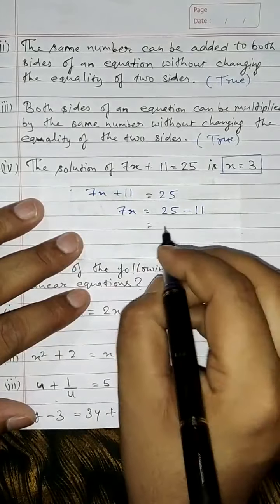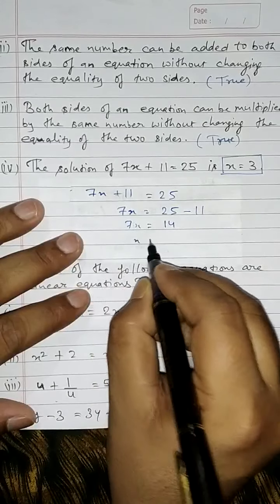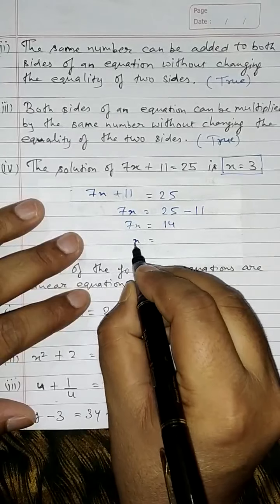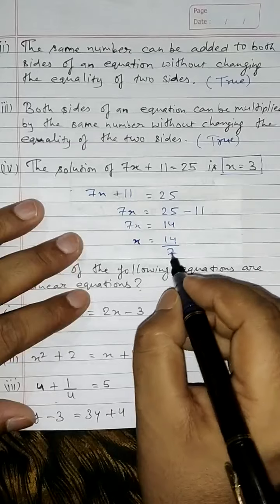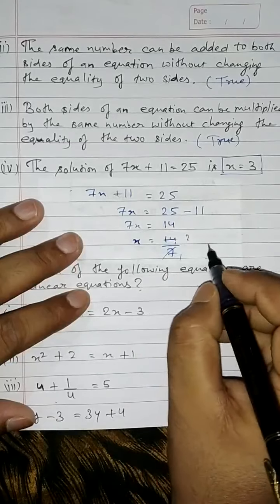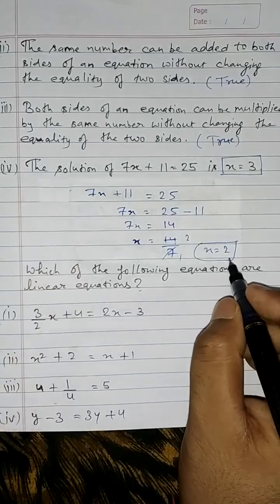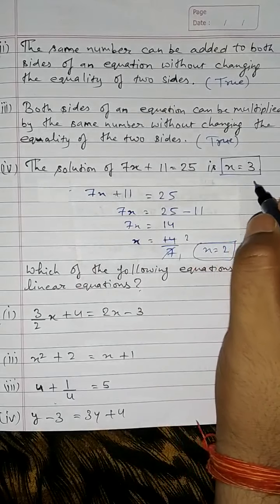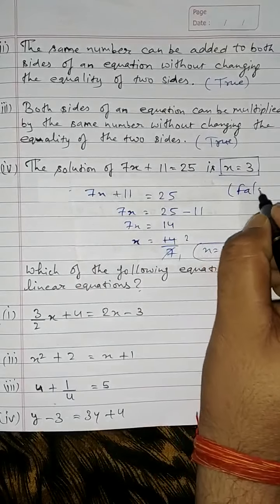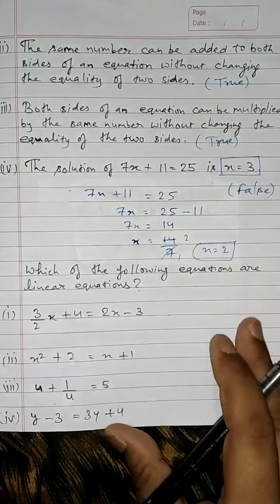So 25 minus 11 gives you 14. So 14, and this 7 will come down. 7 ones are 7, 7 twos are 14. We have got the value of x as 2, but in the question it is given x is equal to 3. So this is not true. This is a false statement. So only the fourth part is false and the rest of the parts are true.